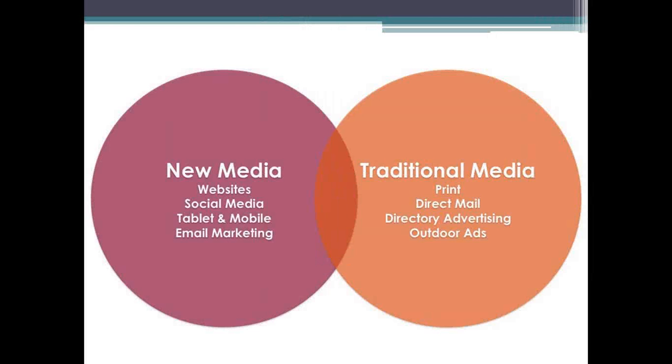Advertising took hold on the internet in the early to mid 90s and got really strong at that point. Some 20 years later, I'm still talking about new media, and the reason being is because the internet and the ability for people to interact with your product electronically does change very often, just as the onset of the cell phones to the tablets to all the other media that we are getting at this point.